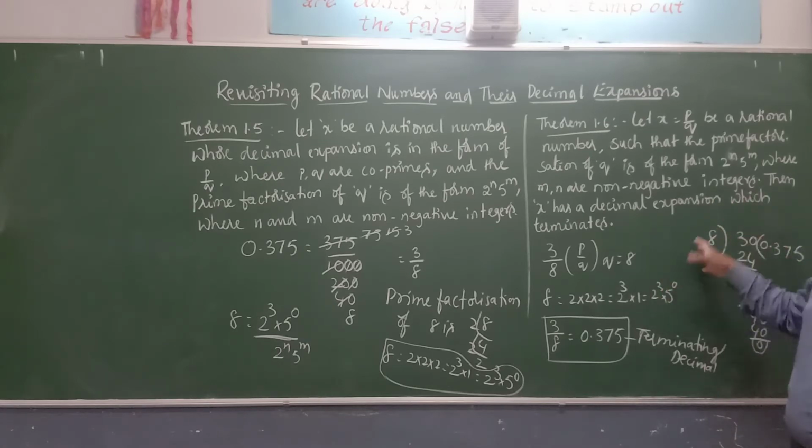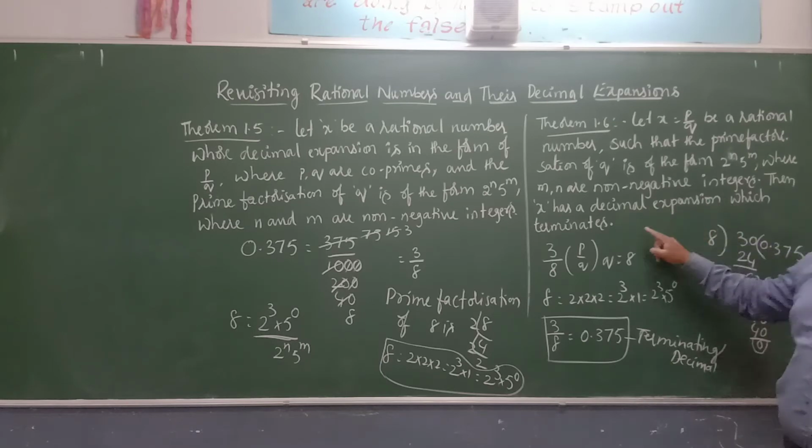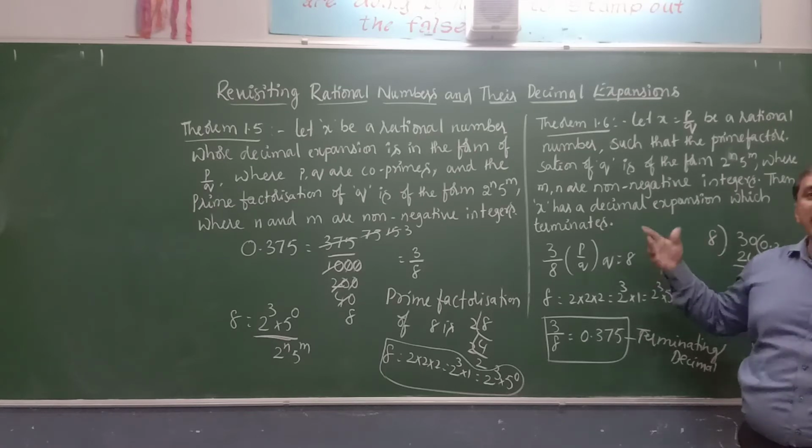If it is not in the form of 2 to the power of n into 5 to the power of m, then the decimal expansion is not terminating, and it is recurring, that is, the digits will be repeated.